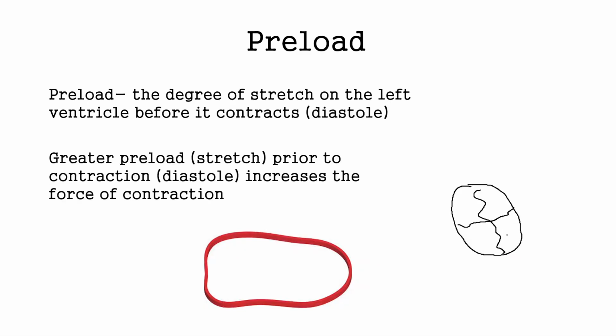That left ventricle right here is a muscle and it can stretch. It's stretching to increase the amount of contractility, because if I can push blood harder, if I can increase that strength of contraction, then realistically I can send more blood out.